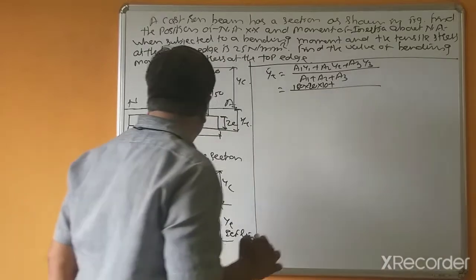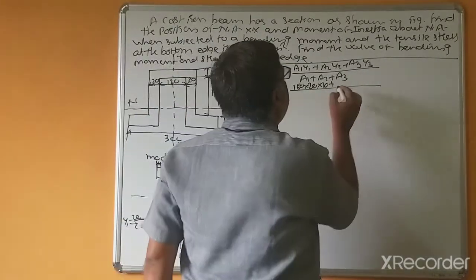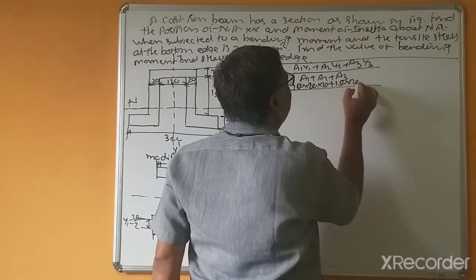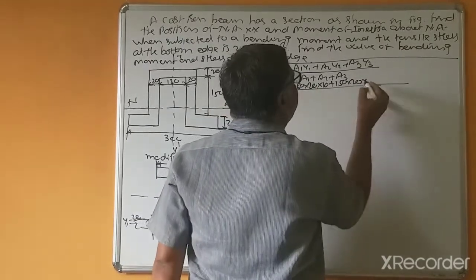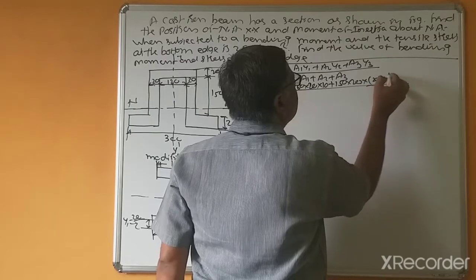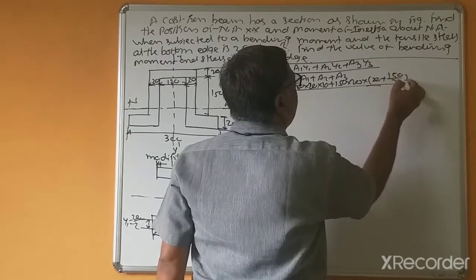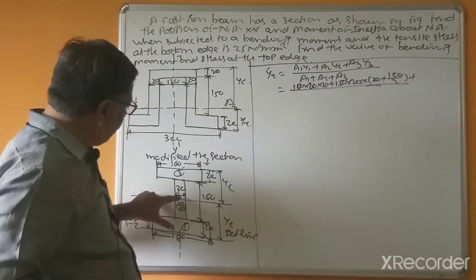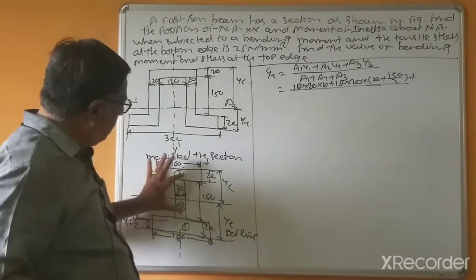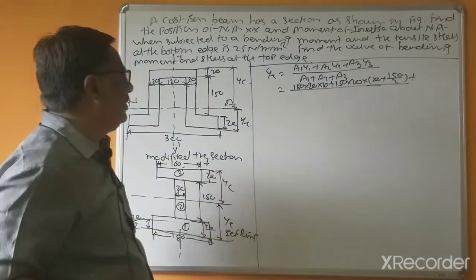Plus A2, 150 into 20, multiplied by 20 plus 150 divided by 2. So this distance is to the centre of the second element, 20 and half of the 150.